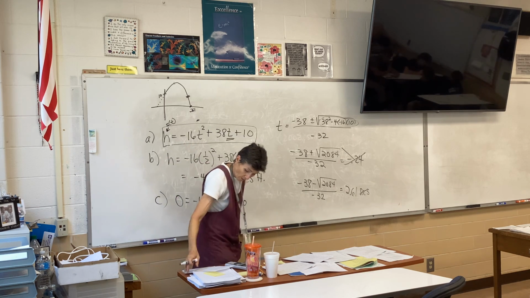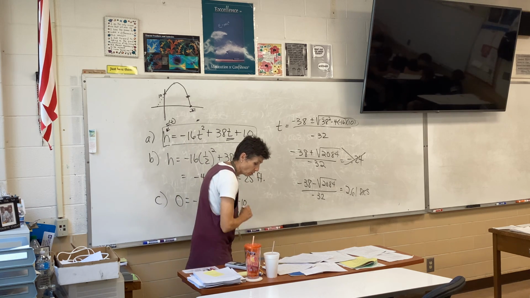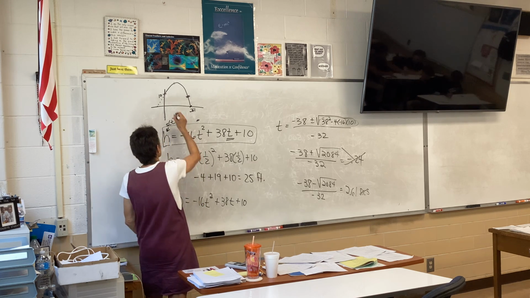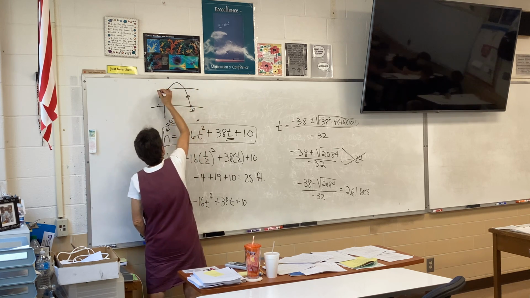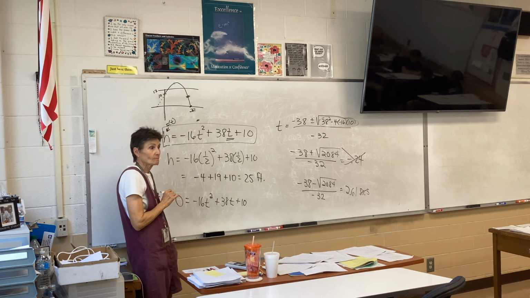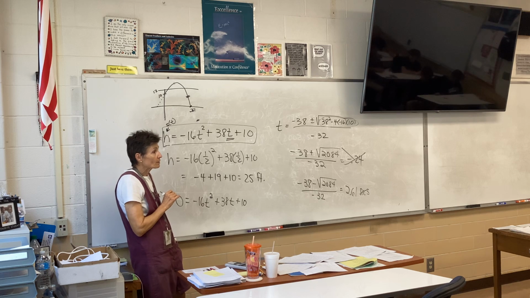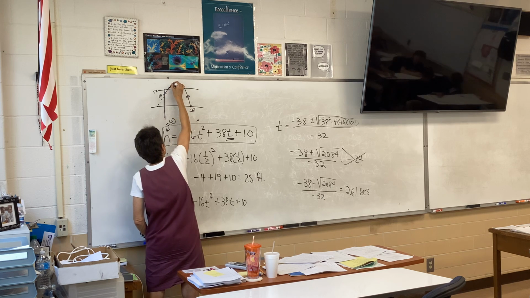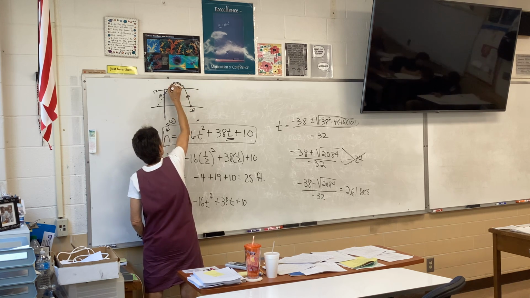The last question, Charlie, this goes with the homework we were talking about. When is the ball higher than 12 feet? So remember, it started at 10, here's 12. I want the ball to be higher than 12 feet. So aren't I interested in this part of the picture right here?